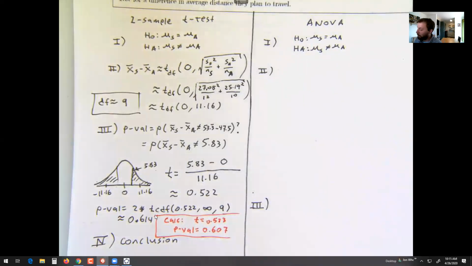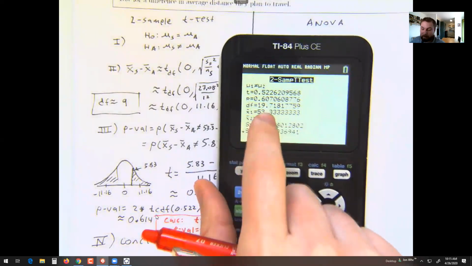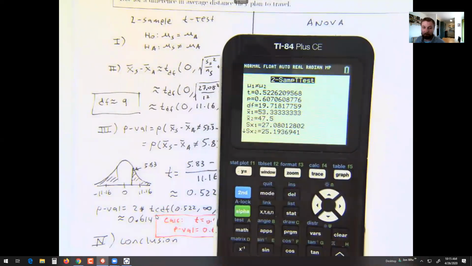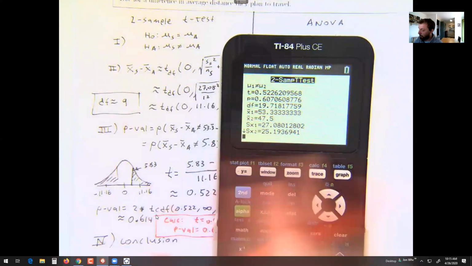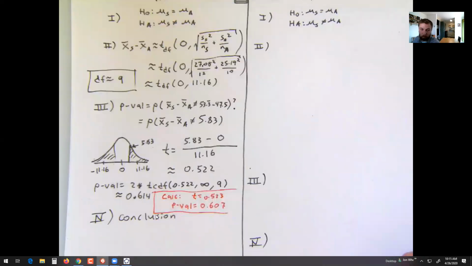The big difference between these, though, is my actual degree of freedom is close to 20, and I only assumed it to be 9. So when I said this is a rough estimate, it's not that rough. You'll still end up with ballpark the same p-value, and you'll end up with roughly the same conclusion as well.